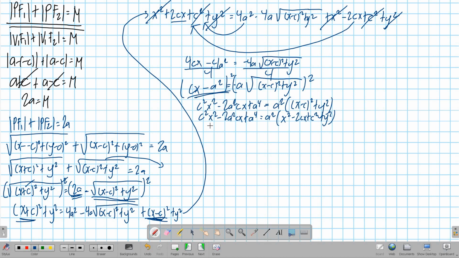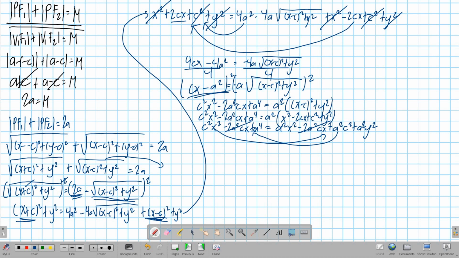Let's now distribute a squared. So I'm going to have still c squared x squared minus 2a squared cx plus a to the fourth on the left side. On the right side, I'm now going to have a squared x squared minus 2a squared cx plus a squared c squared plus a squared y squared. Based on this, what we can cancel is negative 2a squared cx. Now, let's combine all those with x squared, x and y on the right side first, and those without here.